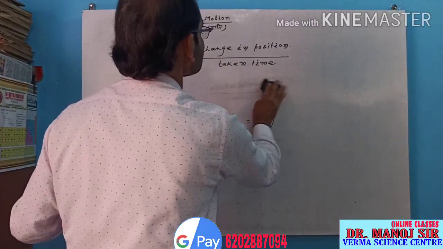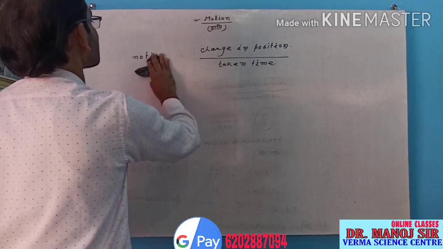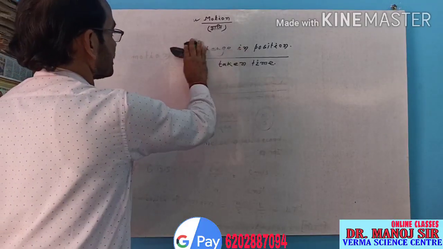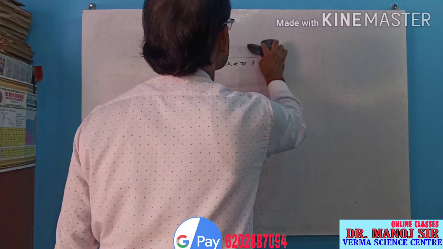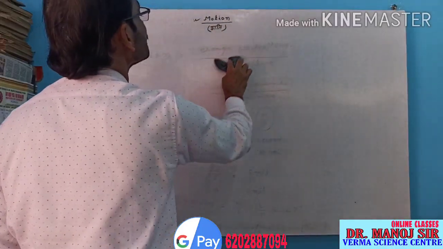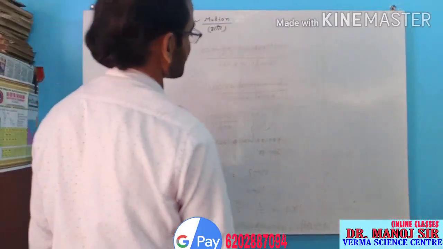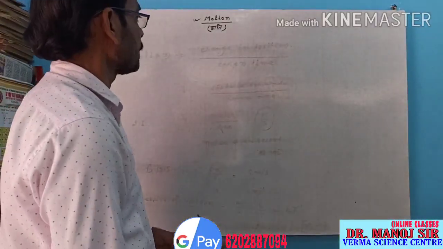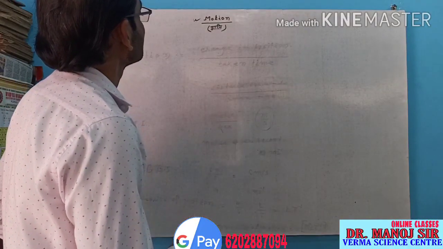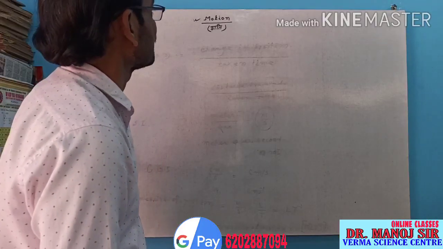Motion of any object is a scalar quantity because there is no mention of a fixed direction. Motion is only change in position within a period of time.